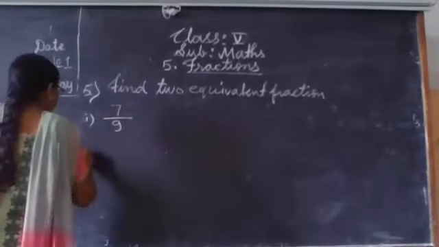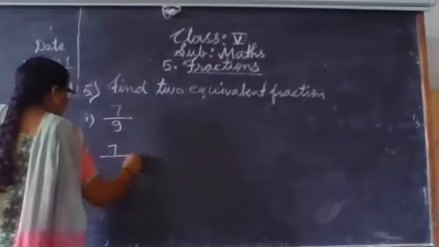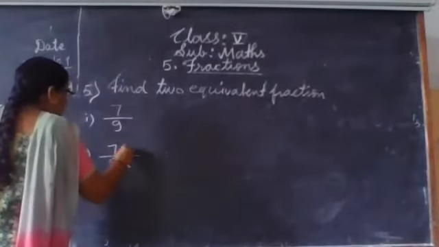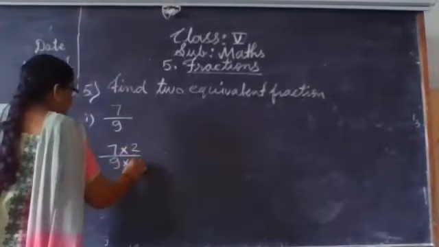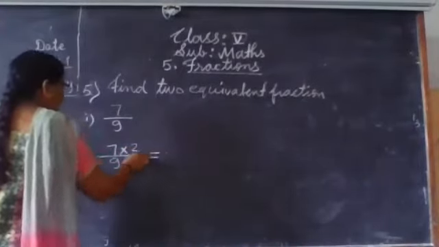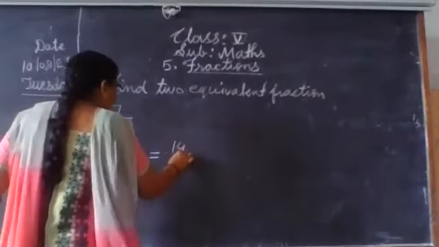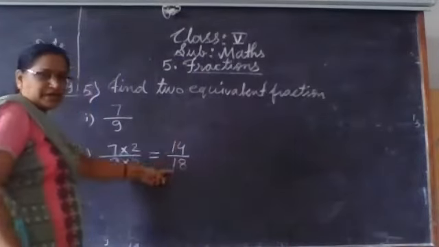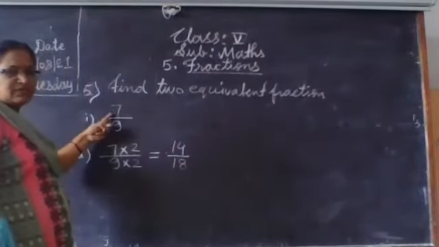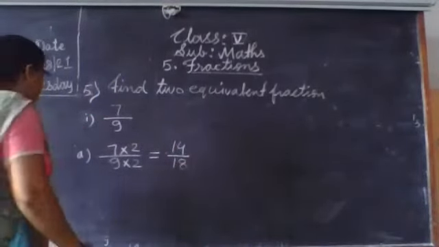So first, 7 upon 9. Other than 1 and 0, you can take any number. So here I am taking 2. 7 2s are 14 and 9 2s are 18. So 14 upon 18 is equivalent to 7 upon 9.